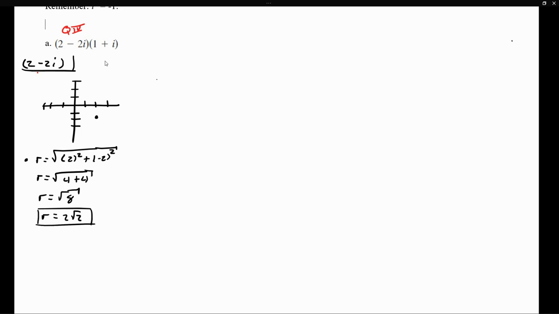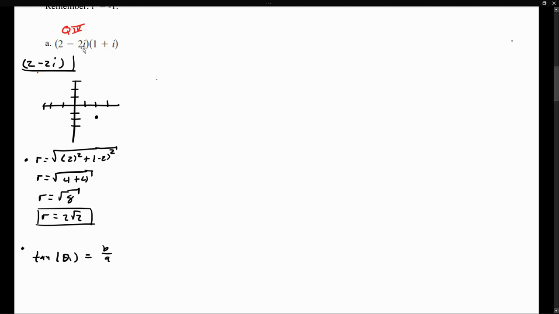Okay, so we know r. So what else do we need in order to write down our complex number in trigonometric form? Well, we need the value of the argument, or the value of theta. But I know that if I take the tangent of that angle, that's still going to be equivalent to b over a. Remember that this is something that we discussed in our previous lesson.